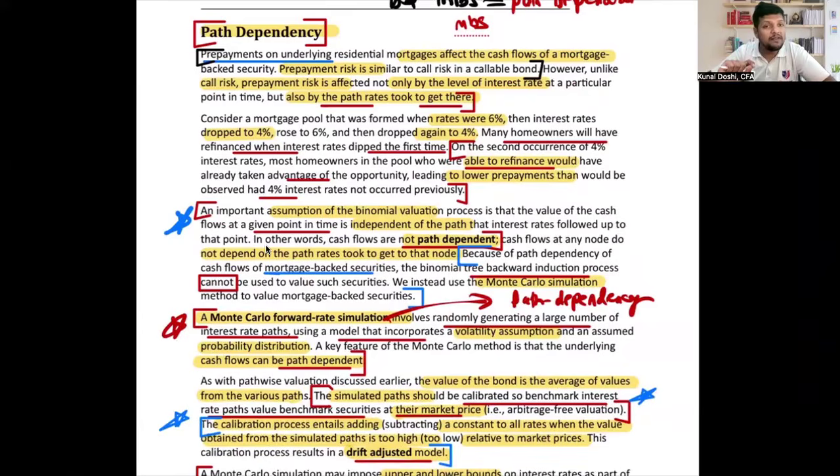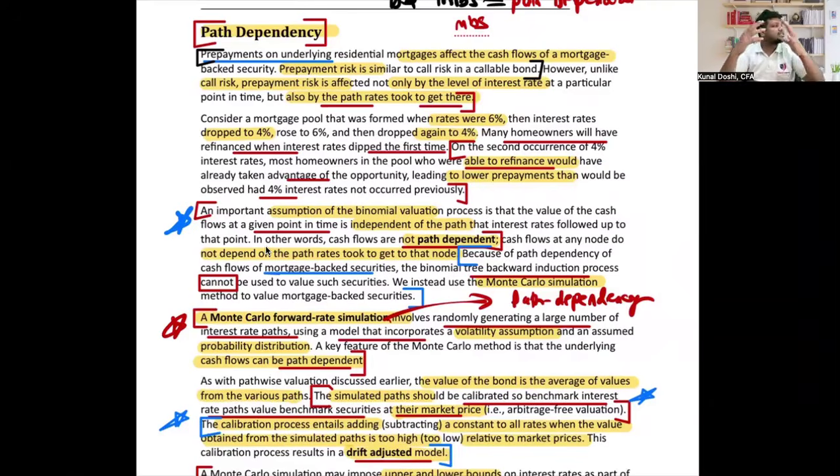Now, this is suitable for an option-free bond. What is the situation for an option-free bond? They are not dependent on the path. However, option-embedded bonds, especially mortgages, are dependent on the path. Why? It does matter where the interest rates are going.